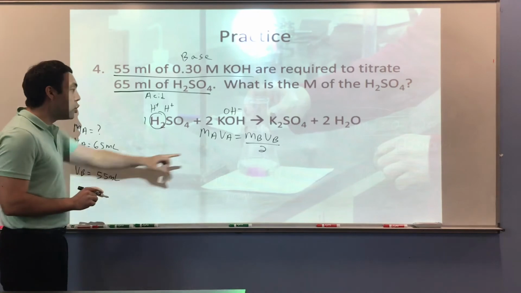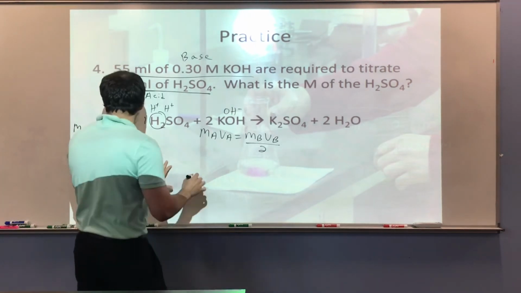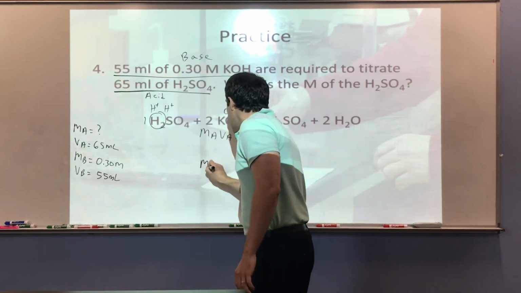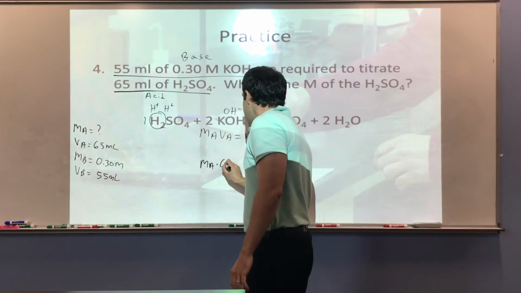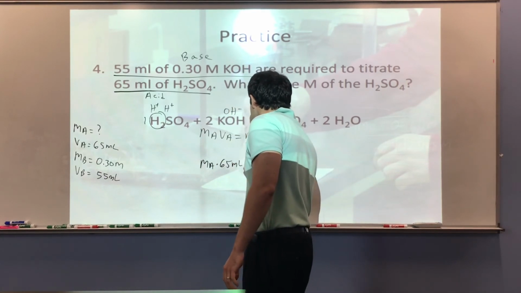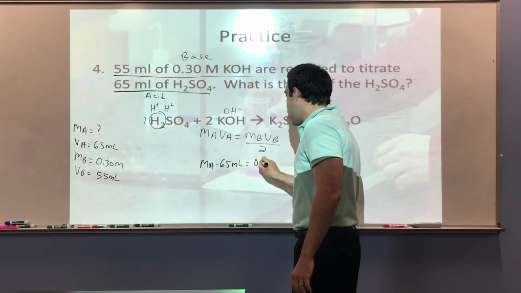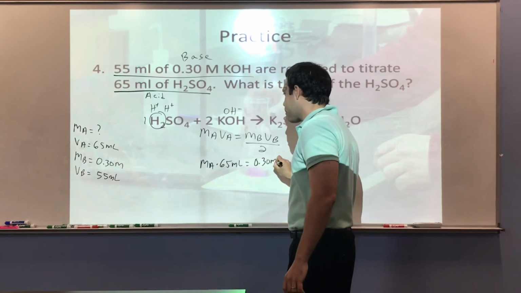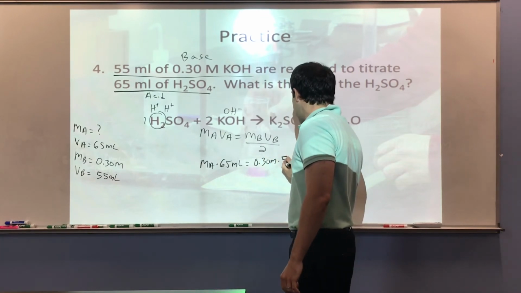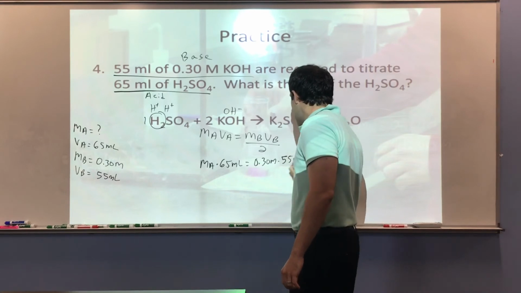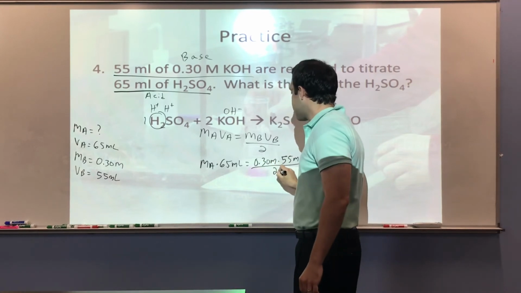We plug it in. Do not forget about that dividing by 2. So we plug it in. We don't know MA. Times VA is 65 milliliters equals MB, 0.30 molar, times 55 milliliters divided by 2.